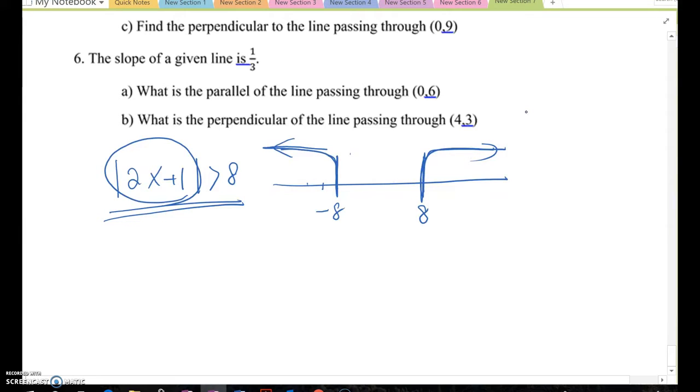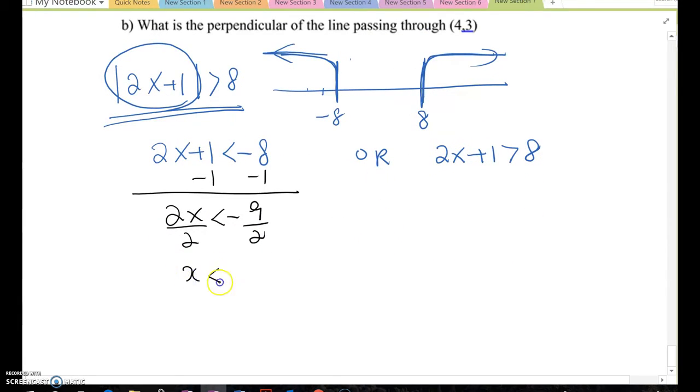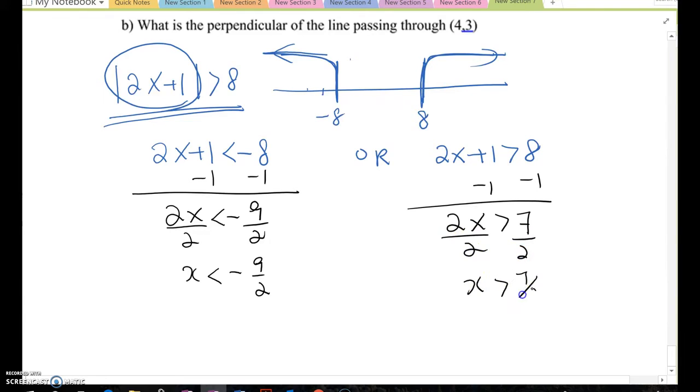Therefore you can set up this inequality: 2x plus 1 is less than negative 8, or 2x plus 1 is bigger than 8. So from here, solve the inequality. Minus 1, so 2x is less than negative 9, divide by 2, then x is less than negative 9 over 2. And minus 1, so 2x is bigger than 7, divide by 2, then x is bigger than 7 over 2.